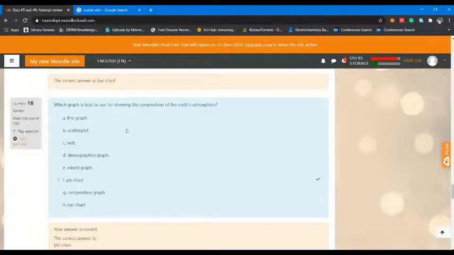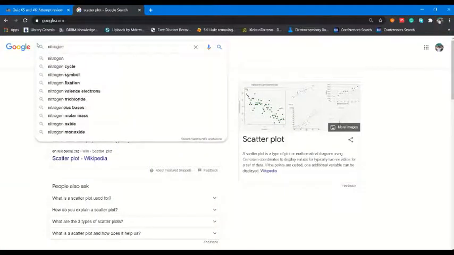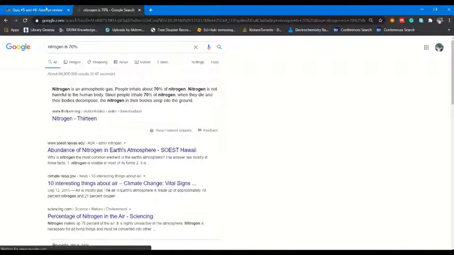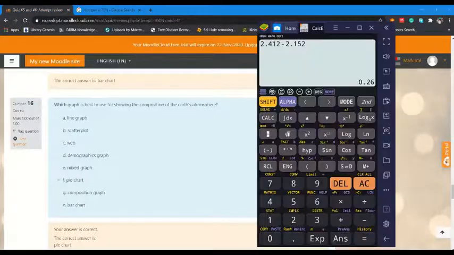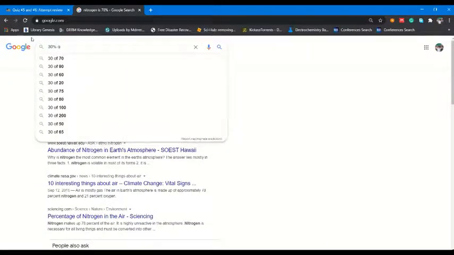Because the Earth's atmosphere composition is 100%. I believe 70% is nitrogen. Oh yeah, right, 70 percent of the atmosphere is nitrogen. 30, I don't know, oxygen.